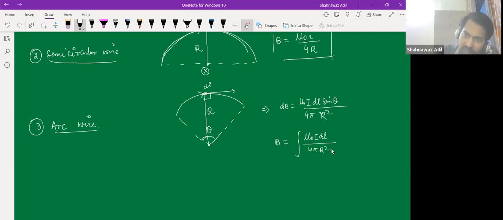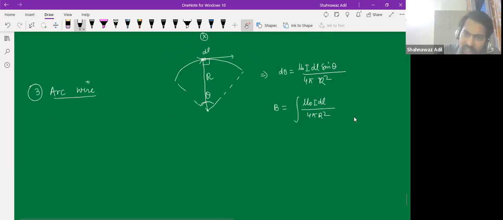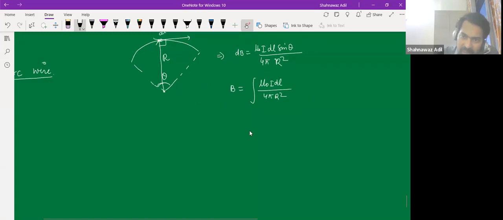So if we integrate this, mu naught I, all these are constants. This comes outside the integration of dl. So dl is going from this to this. This is the arc length, right? Integration of dl is the total arc length.